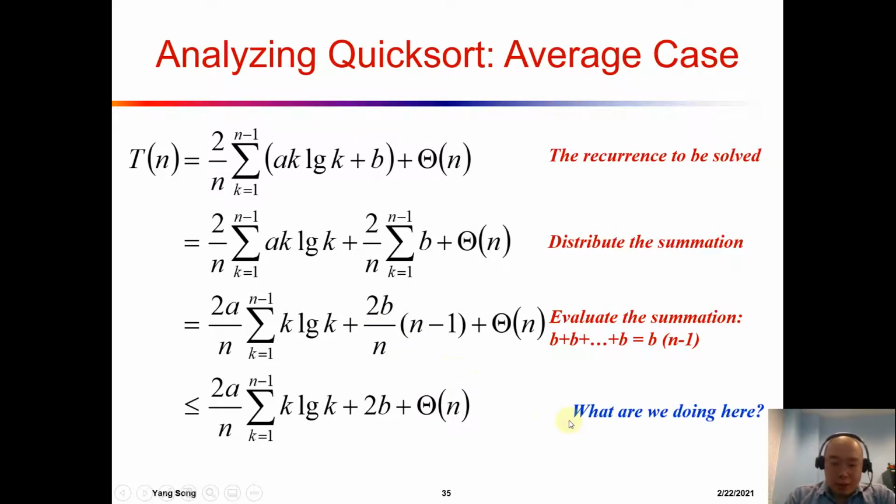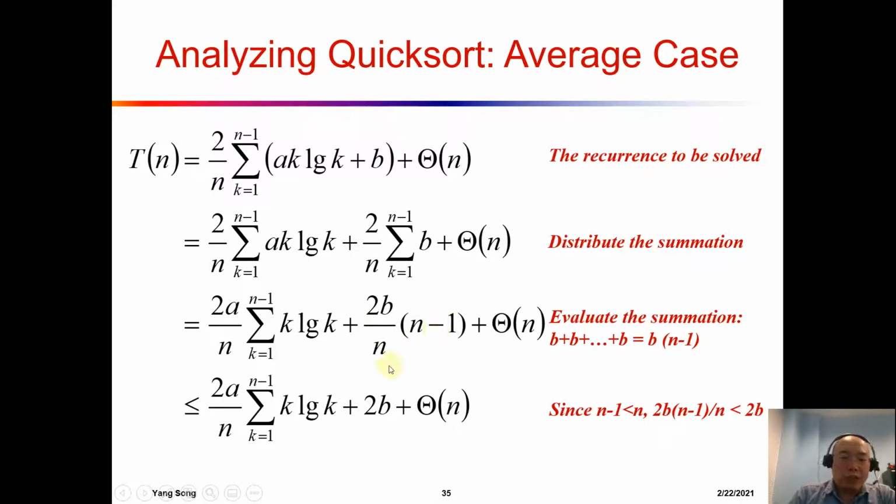Okay, so what are we doing in the next step? Well, for n minus 1 divided by n, this term will always be smaller than 1. So 2B divided by n and multiplied by n minus 1 will always be smaller or equal to 2B. So we don't have to really worry about this n minus 1 divided by n here.